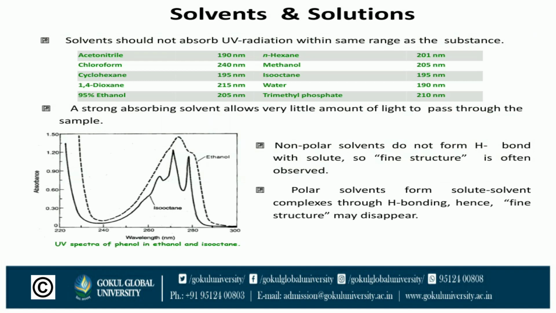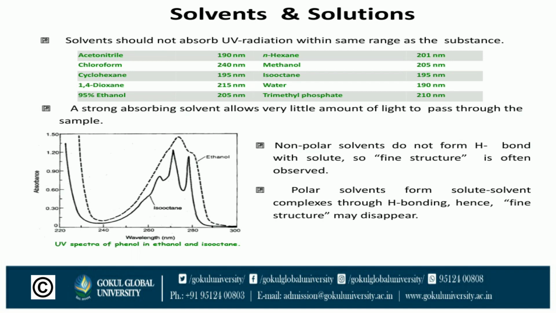Here are some examples of solvents: acetonitrile shows 190 nanometers, chloroform 240, cyclohexane 195, 1,4-dioxane 215, 95% ethanol 205, and hexane 201 nanometers.